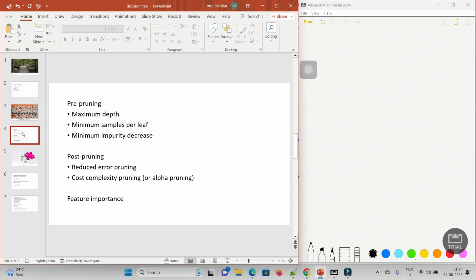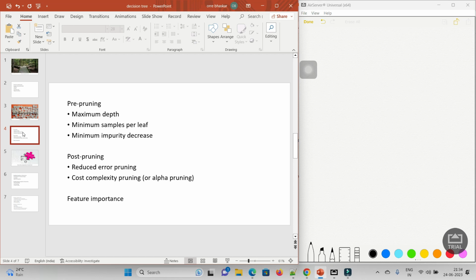Pre-pruning, also known as early stopping, involves stopping the growth of a decision tree before it becomes fully expanded. This is done by setting stopping conditions or constraints during the tree construction process. Pre-pruning involves techniques like maximum depth, minimum samples per leaf node, minimum impurity decrease, and so on.